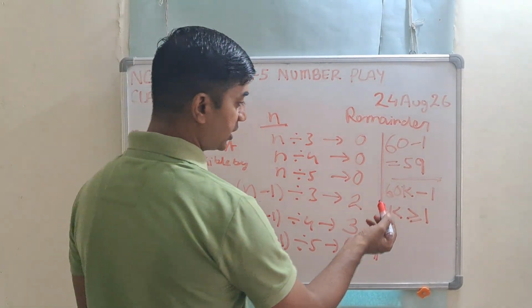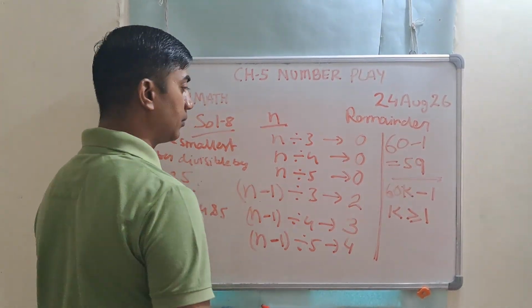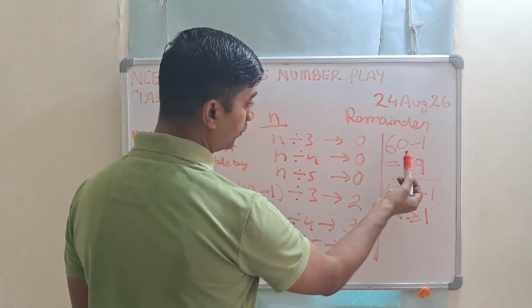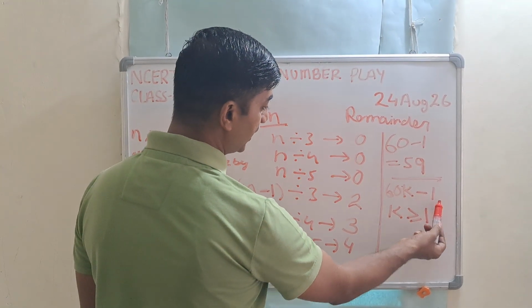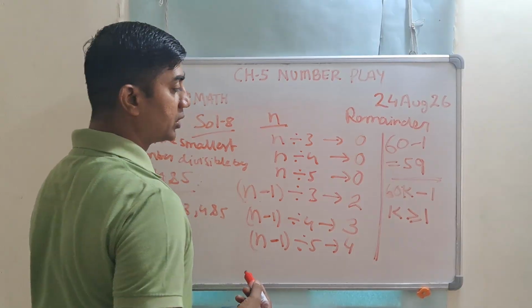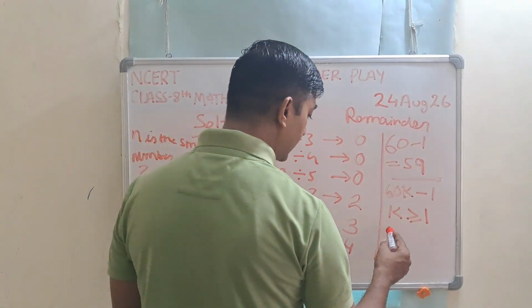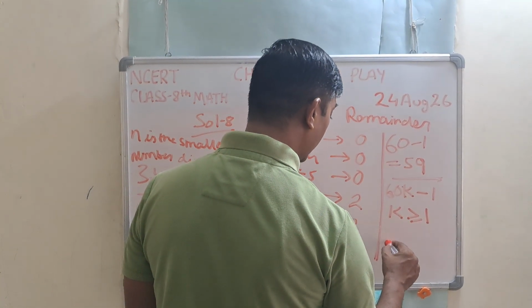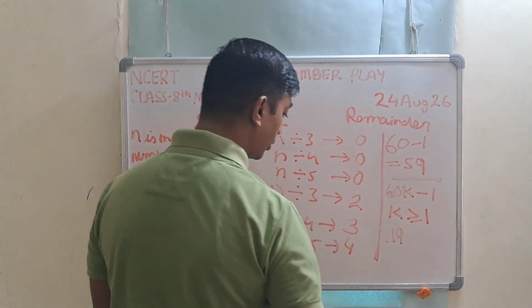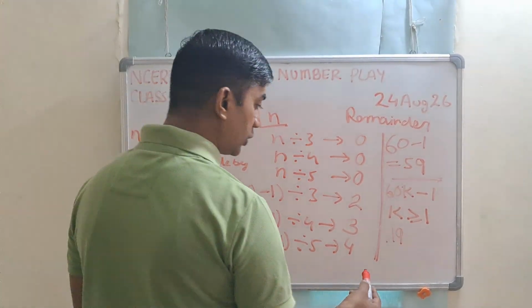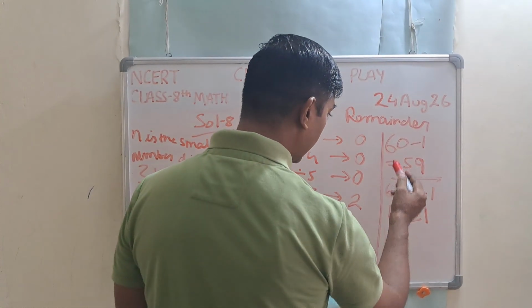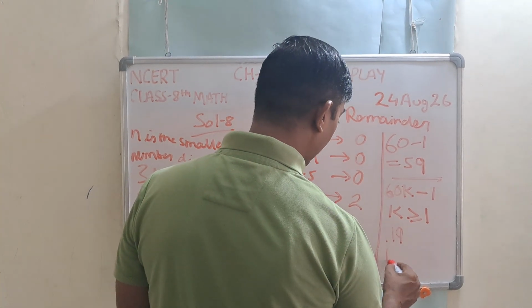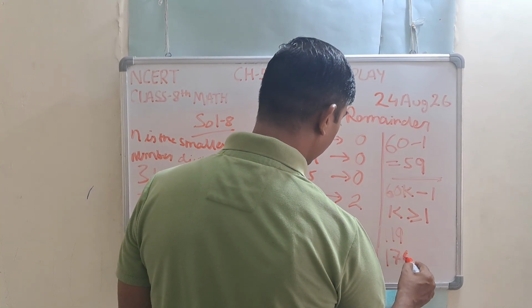For the smallest number we put k equal to 1 and we get 60 minus 1, which is 59. When you put k equal to 2, we get 120 minus 1, which is 119. Understood? And when k is equal to 3, what is the result? 179. Understood?